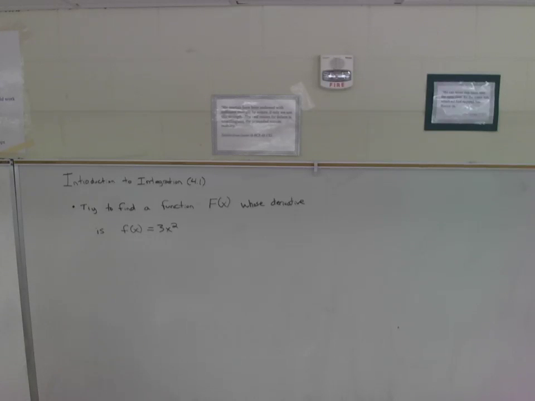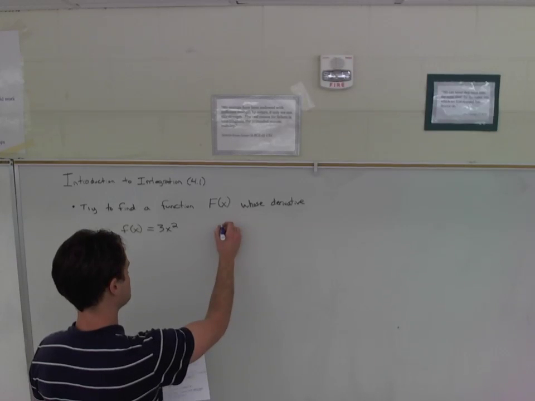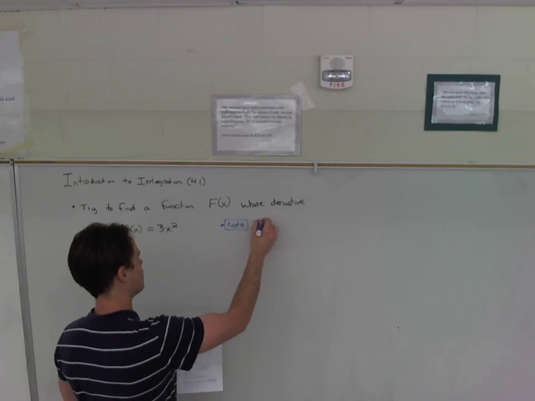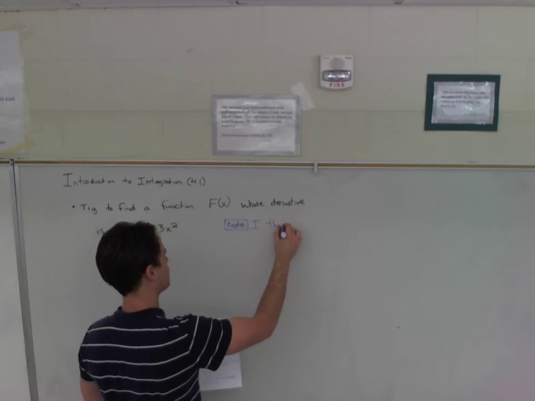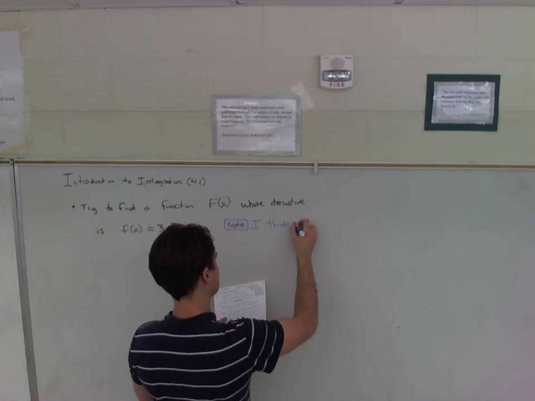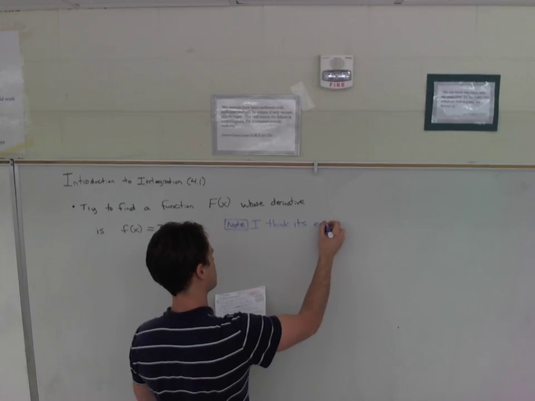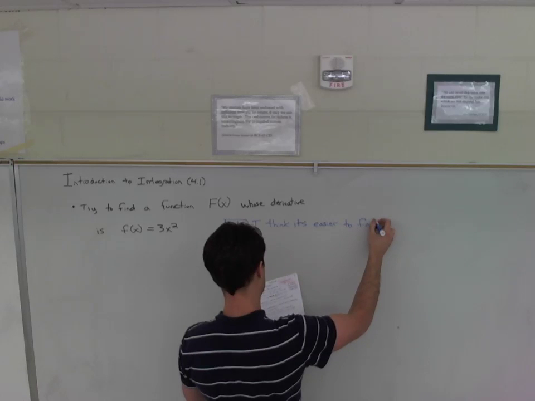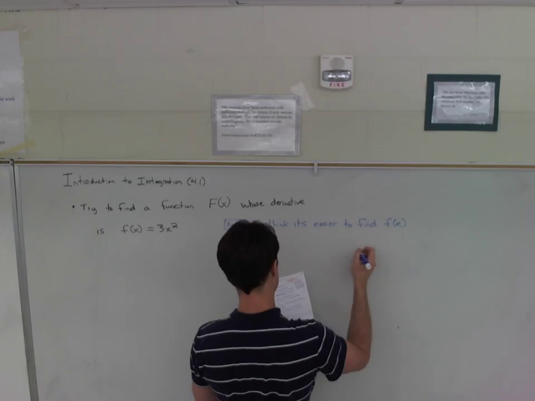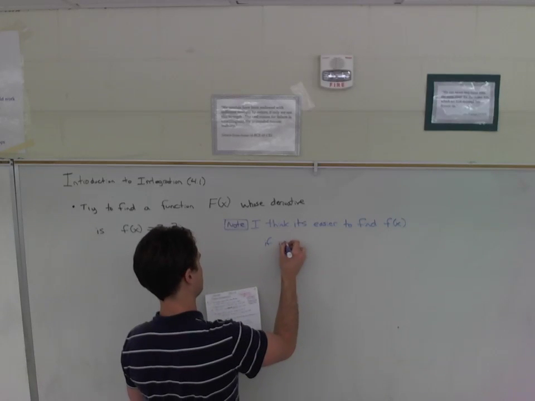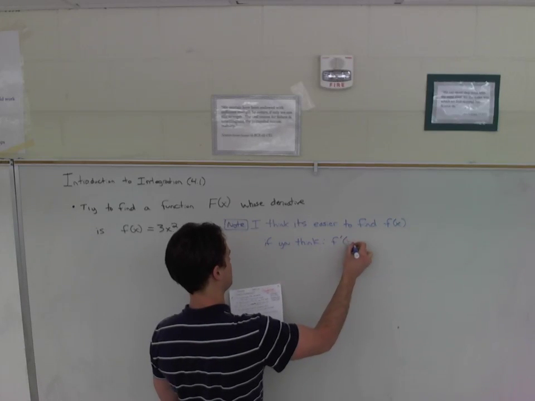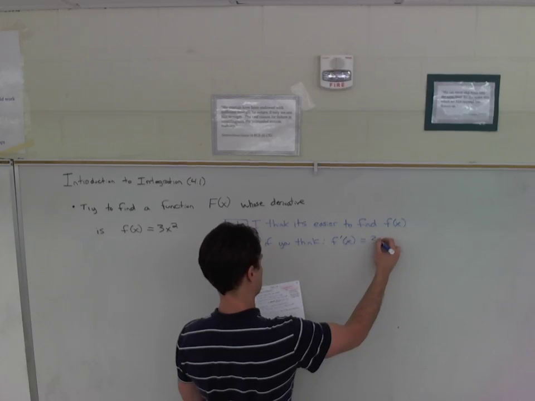Okay? I'm going to do a little side note. So this is my little side note. I think it's easier to find f of x, or x cubed, if you think f prime of x equals 3x squared.